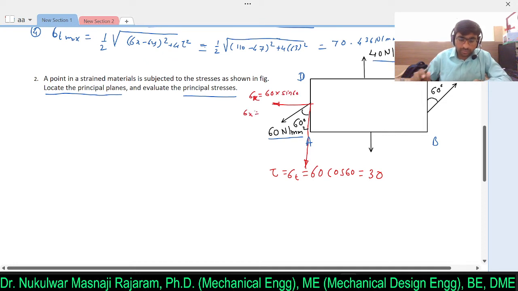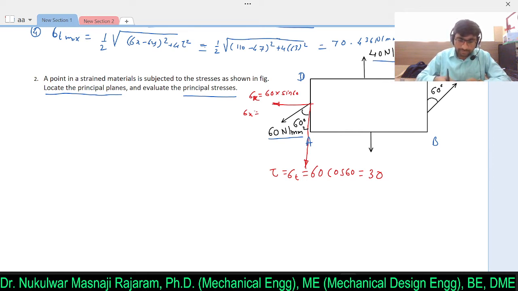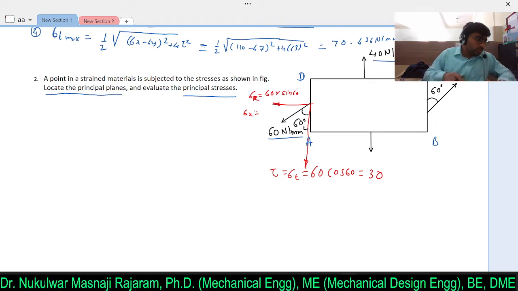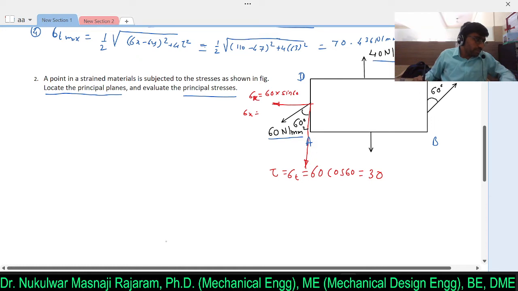So sigma x will be 60 into sine of 60, so the value of this particular force will be 50.96 Newton per mm square.